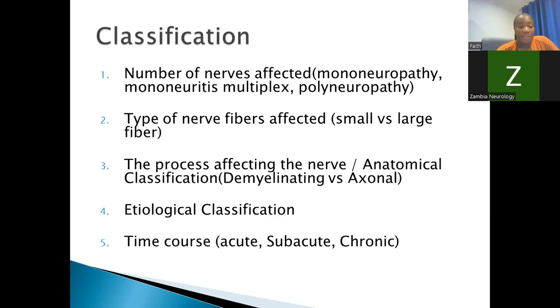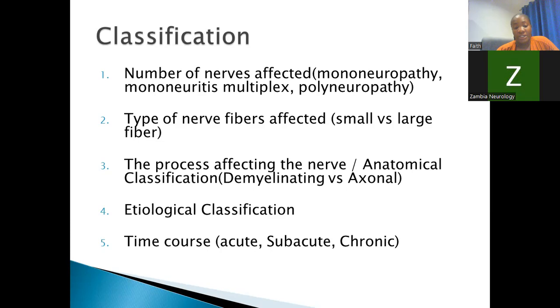And so this slide in particular shows the different ways that peripheral neuropathy can be classified. This can be based on the number of nerves that are affected. It can also be based on the type of nerve fibers that are affected, also the process that is affecting the nerve, which is also referred to as anatomical classification, whether it's demyelinating or axonal.